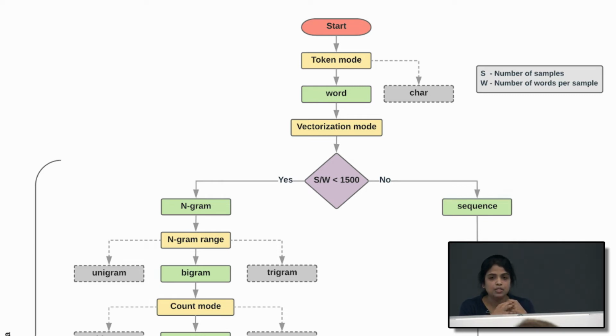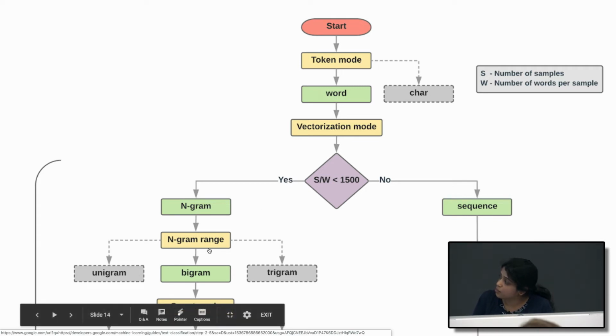So when that value is very small, we found that a simple n-gram model is sufficient. Otherwise, sequence model works best, such as CNNs, RNNs. And among n-gram ranges, we found that you don't have to go for higher n-gram ranges. Sticking with smaller, unigram, bigram works well.